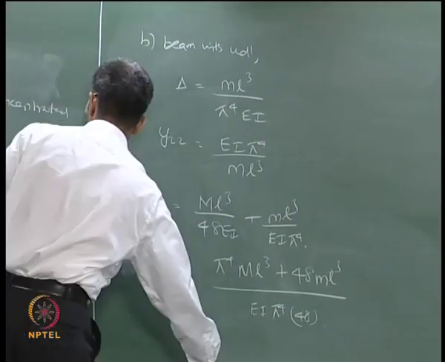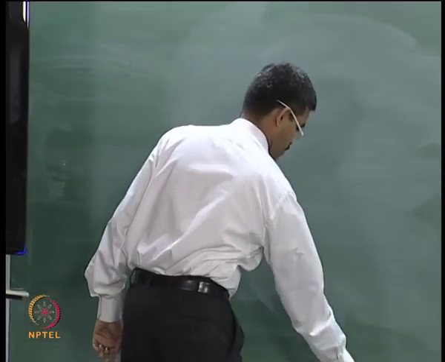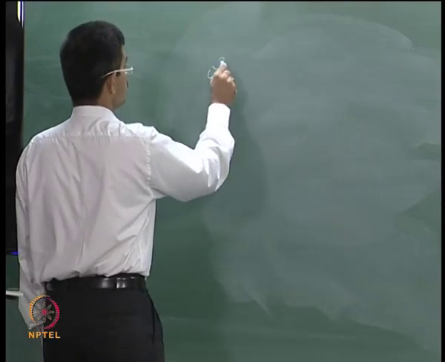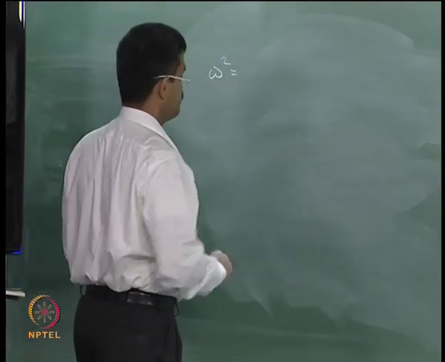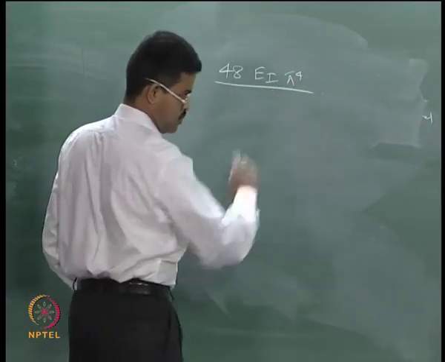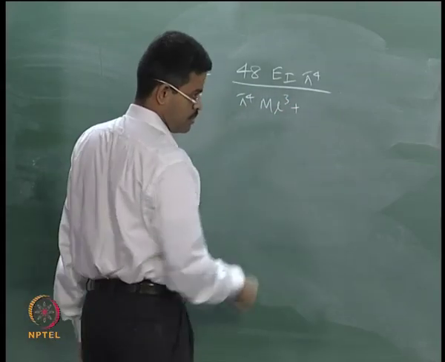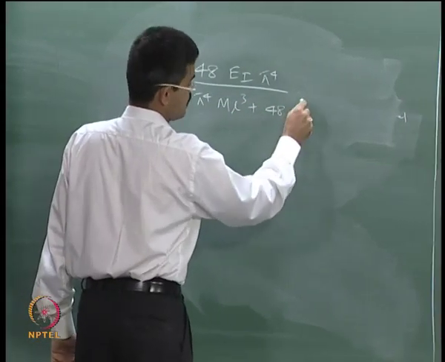So, omega square can be rewritten as EI pi power 4 by pi power 4 ML cube plus 48 ML.